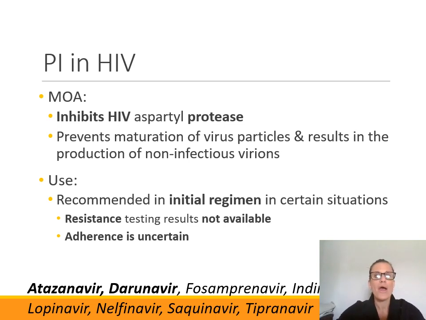There are quite a few protease inhibitors that exist, but there are only a couple that are recommended as initial therapy. This is just because they either have a better toxicity profile or a better dosing profile, and they're easier to use for whatever reason.